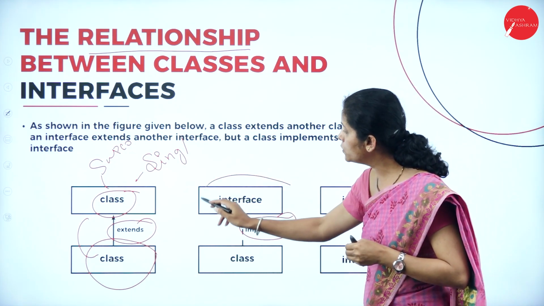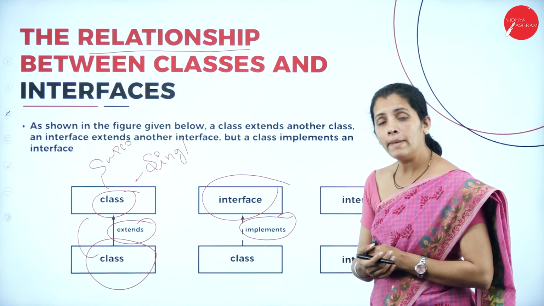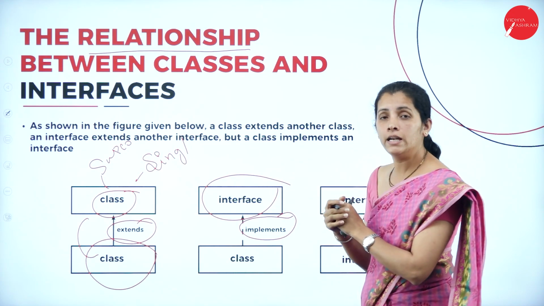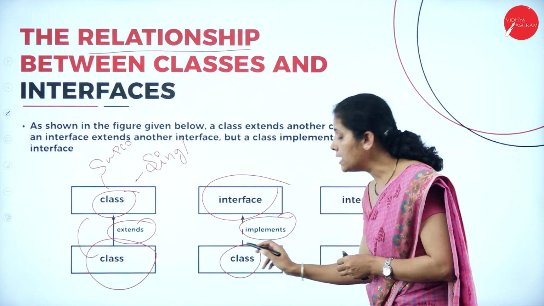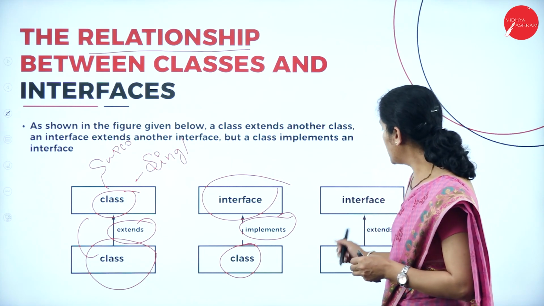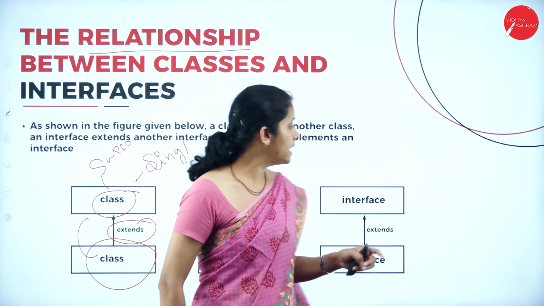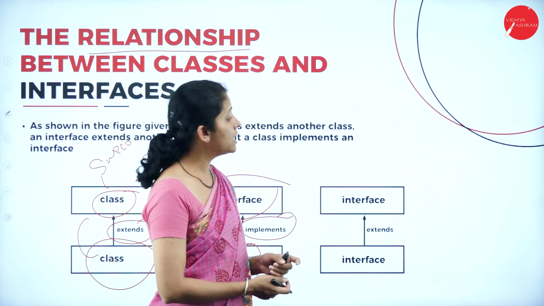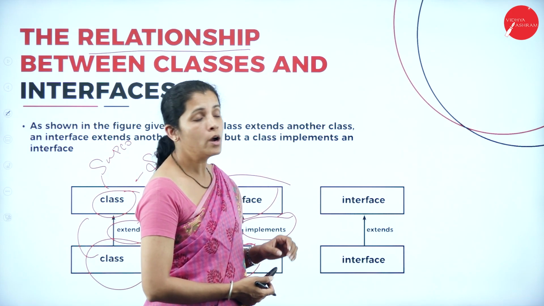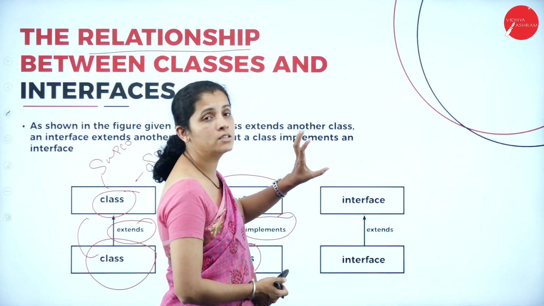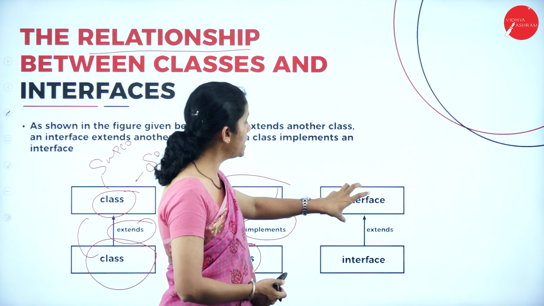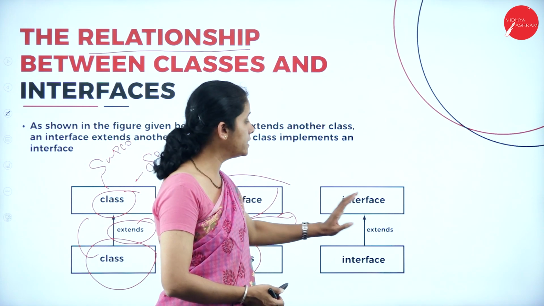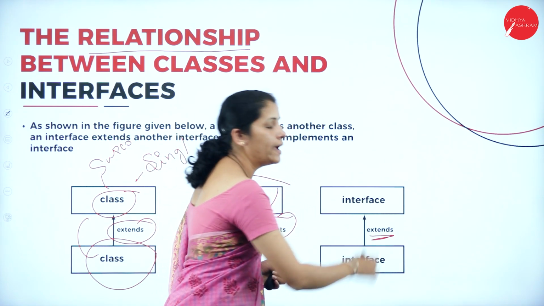That means I am going to implement all the methods as well as variables which are declared in my interface in my class. Now, if I consider another diagram, here I have interface and interface. That means there are certain situations where I want to make use of all the functions, properties as well as behavior of one interface in another interface. In that situation, it is extends.